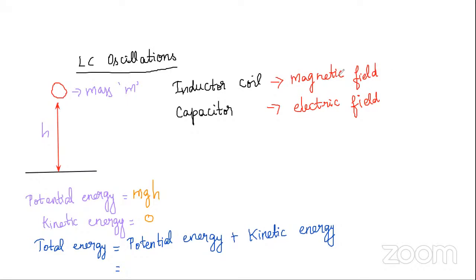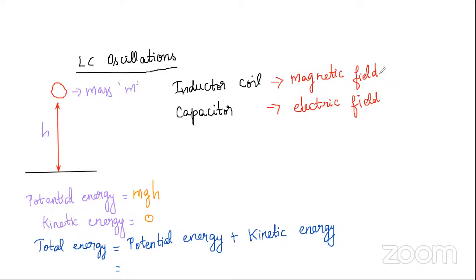After a certain period of time, the total energy will be entirely in the magnetic field, and the energy stored in the form of electric field is zero. So here the total energy has been shifted from electric field to magnetic field.